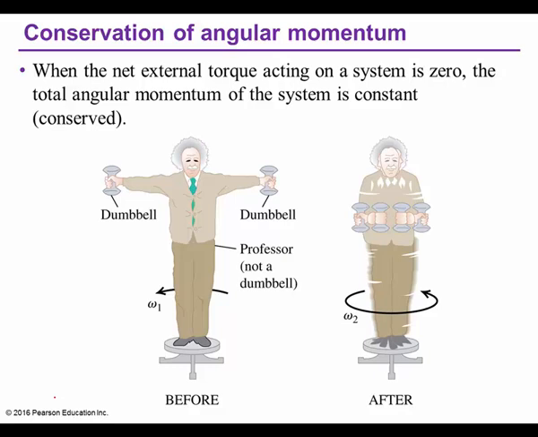guess what happens? Well, he speeds up, doesn't he? Well, how does he speed up when there's no net external torque? The sum of all the torques is equal to 0. Well, you have to remember that the angular momentum is equal to the mass times the velocity times r, or it is the mass times the angular velocity times r squared, isn't it?